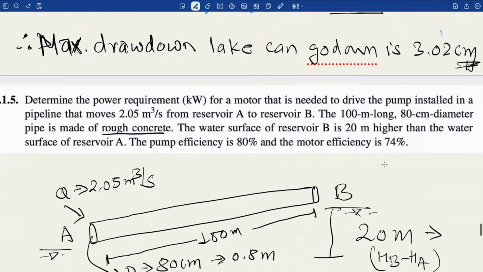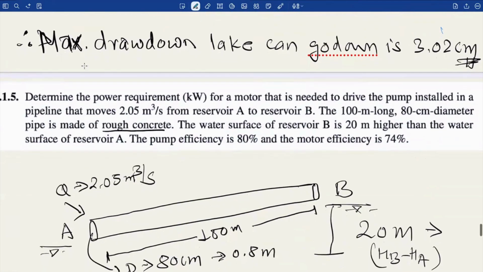Question number 4 asks about computing the power requirement to drive the pump installed in a pipeline that moves flow from reservoir A to reservoir B. The length of pipe is 100 meters, and the diameter of this pipe is 0.8 meter, and it is made of rough concrete.